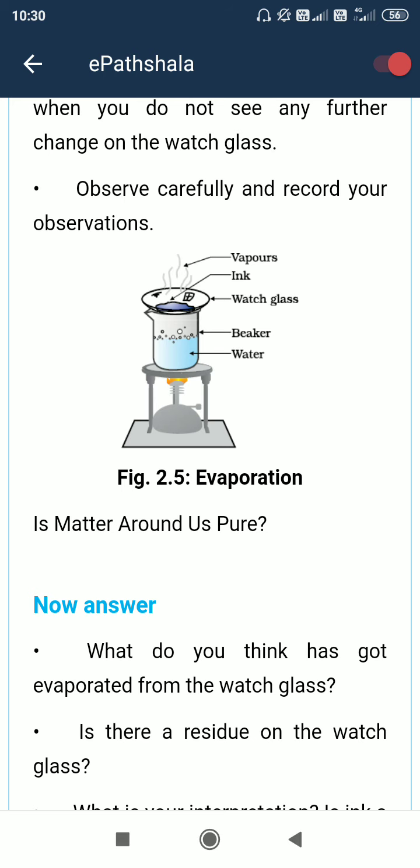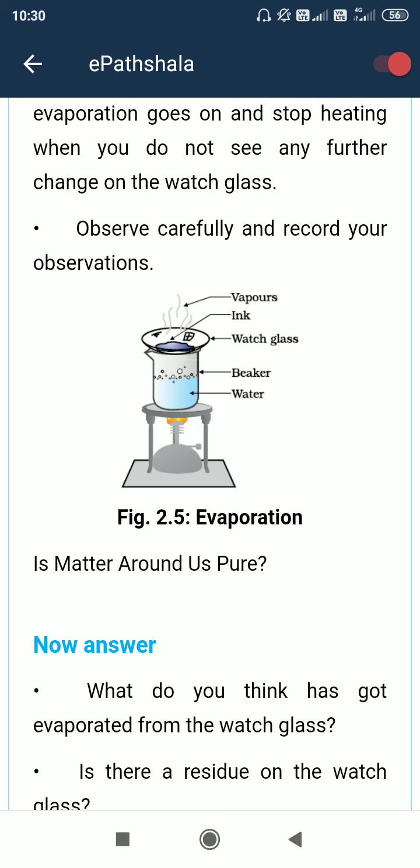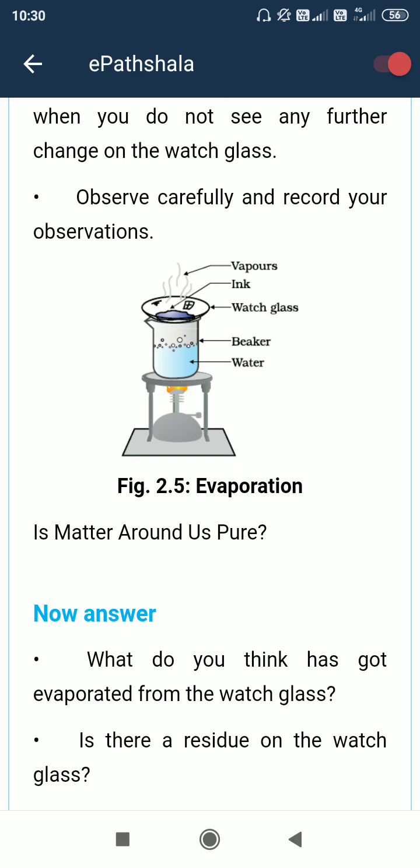So if NaCl is dissolved, and we increase the temperature to 100 degrees Celsius and the water is evaporating, then the NaCl, sodium chloride, will remain at the bottom. So the mixture is now getting purified, right?